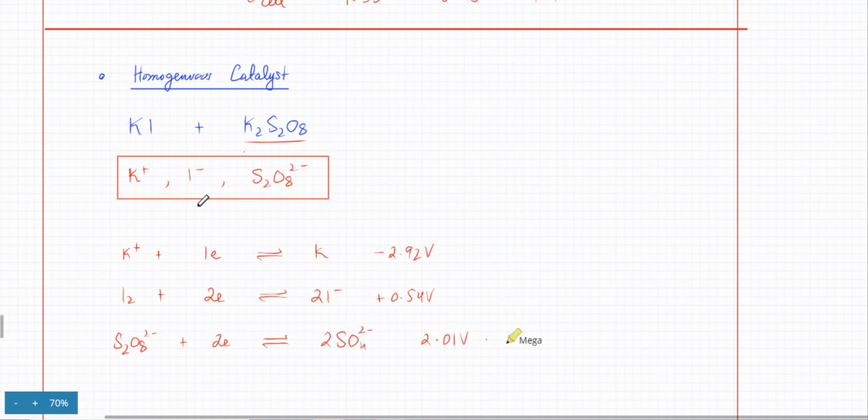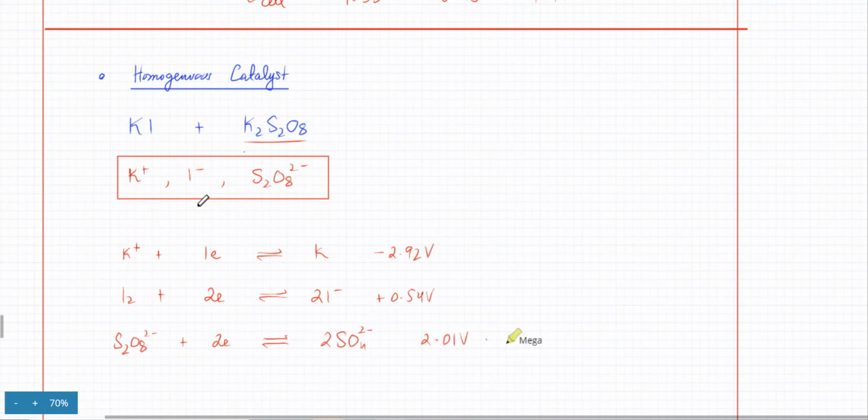So you have three reactants, and these are the three possible electrode reactions. Which one has the highest potential? The highest potential is this one. Out of all the three, this one has the highest tendency to gain electrons, so it's going to go in the forward direction.